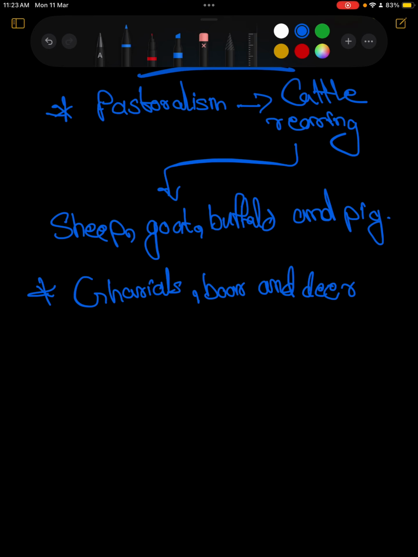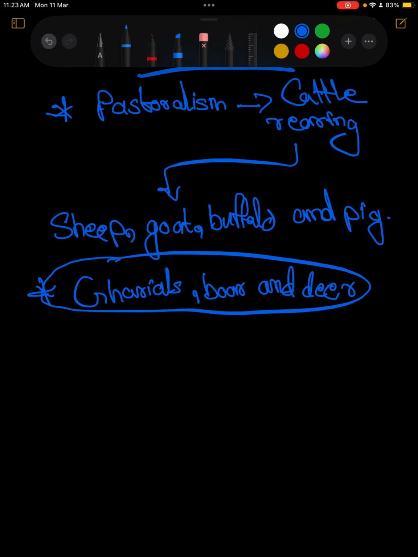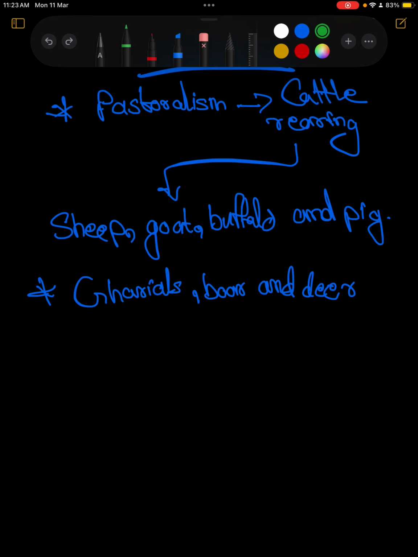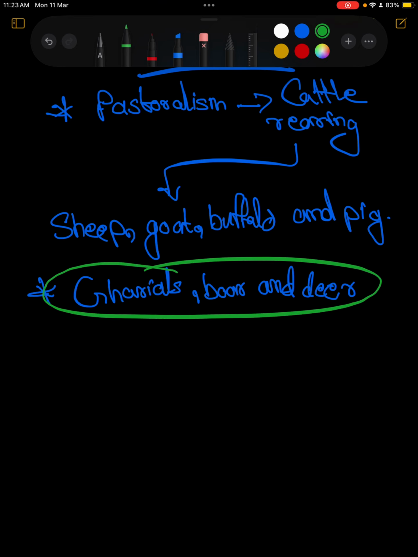Okay, and these are wild animals. And these were discovered by the archaeologists, which clearly indicated that they might be selling them for trade purposes.